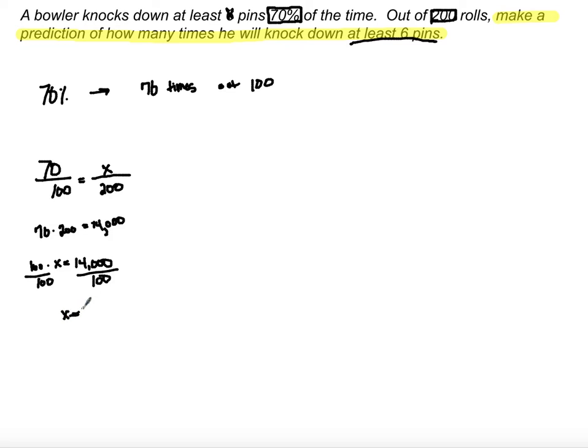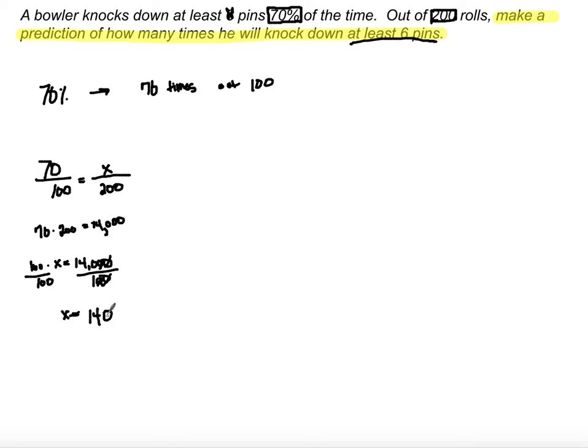And we get that x is equal to, cancel the zeros, 140. Right? So in this case, if 70 times out of 100 he can knock down those 6 pins, then out of 200 he should knock down 6 pins 140 times.